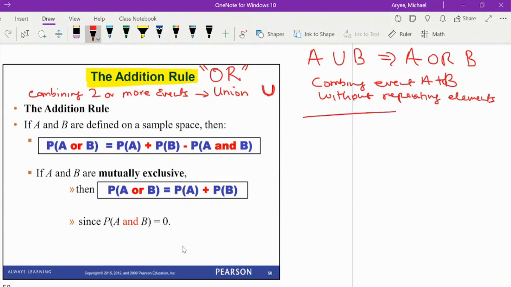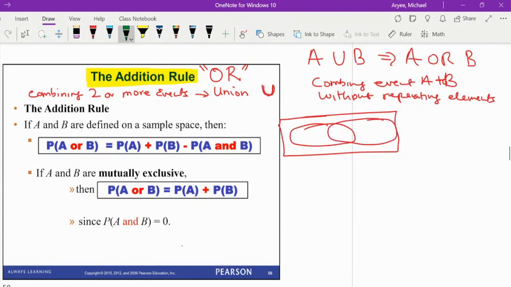So let me give you something here. Let's say this is event A, this is event B. Let me use another color so we can see the boundaries well.